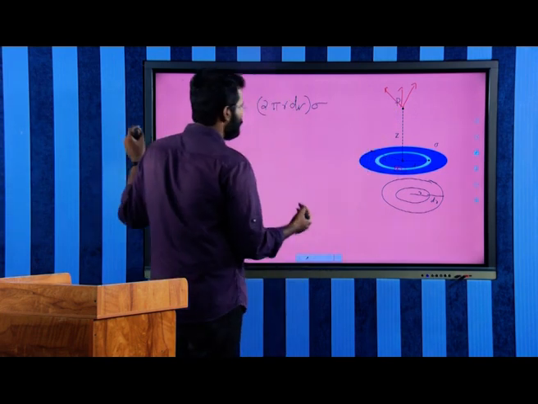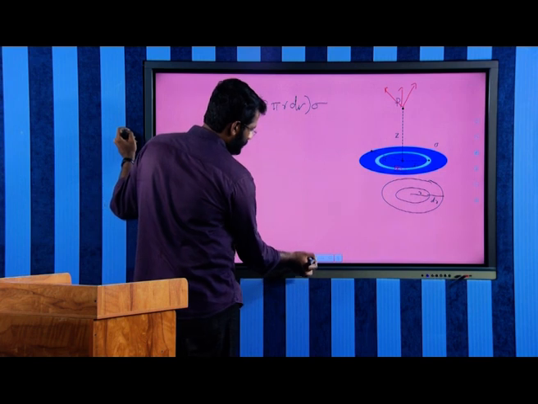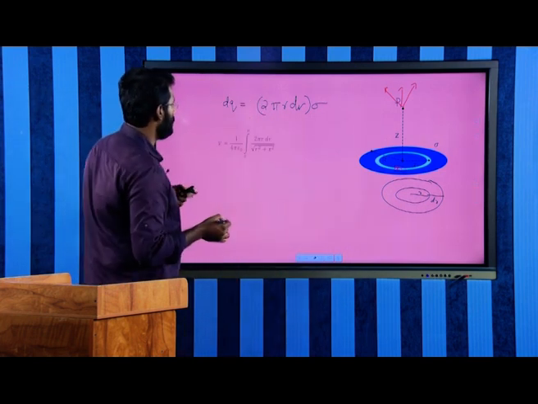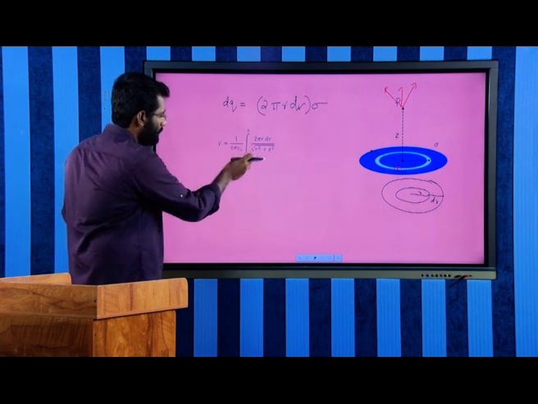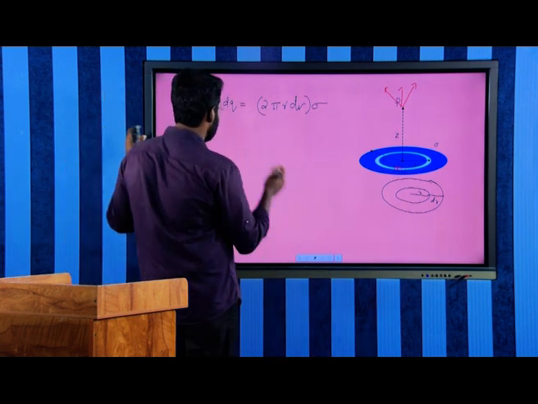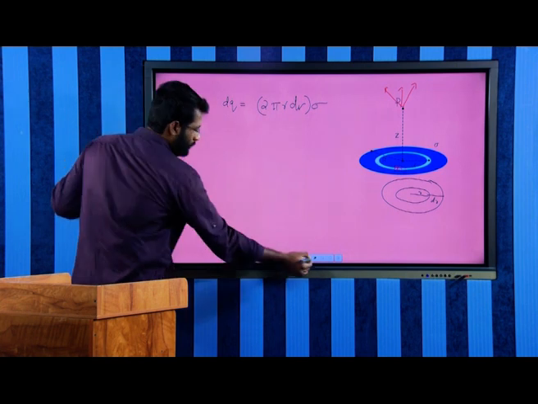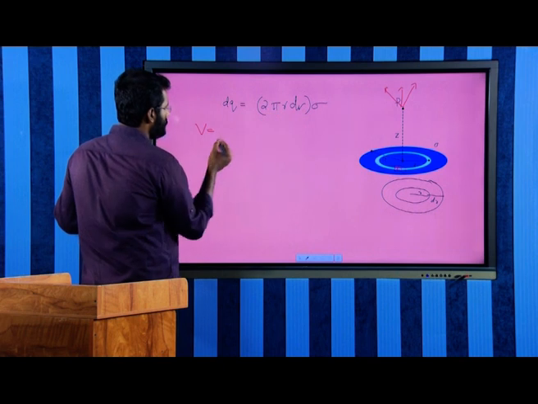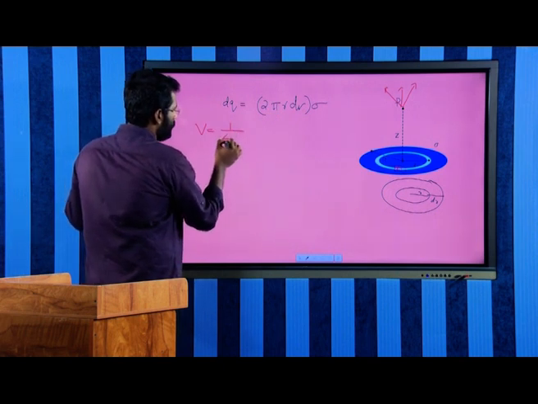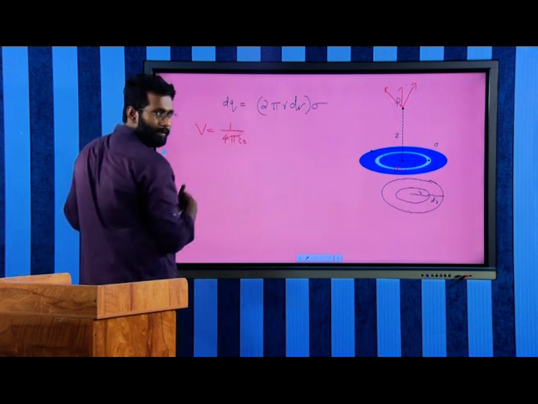So, when we add them, this is the total charge. V due to this strip is equal to 1 by 4 pi epsilon 0.